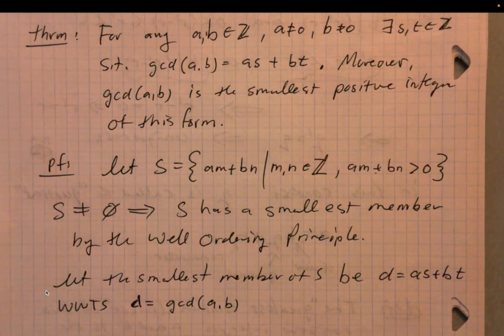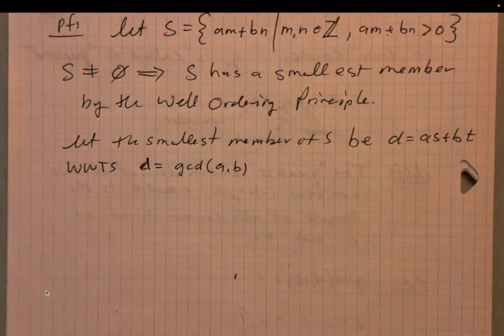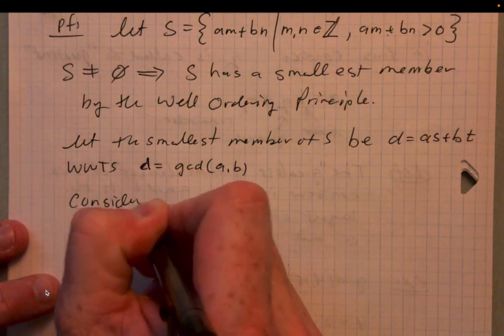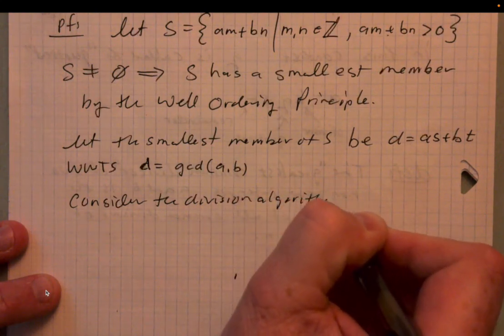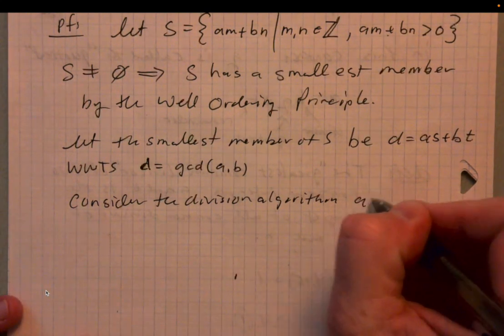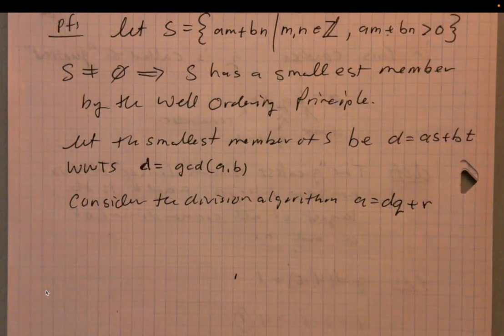All right, it's clear so far, hopefully. So we wish to show that this d, which is equal to as plus bt, must be the greatest common divisor of a and b. So let's consider the division algorithm. a is equal to d times q plus r.